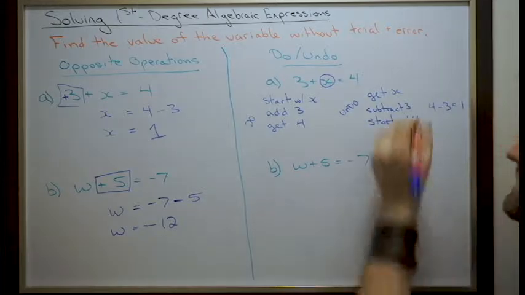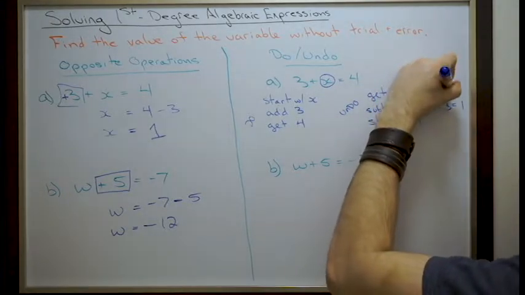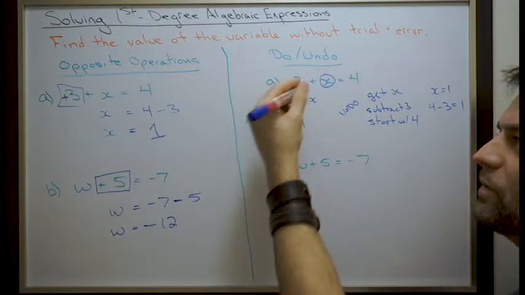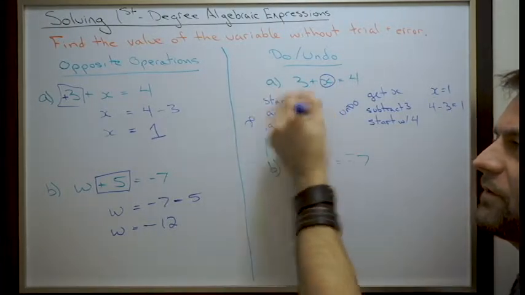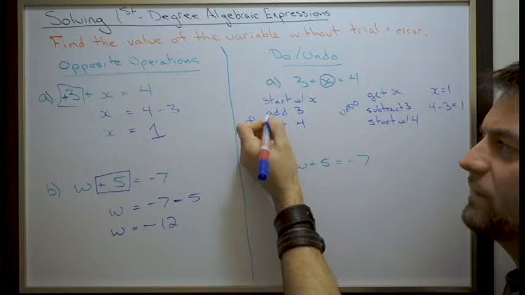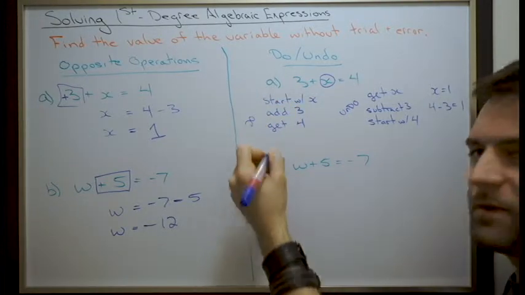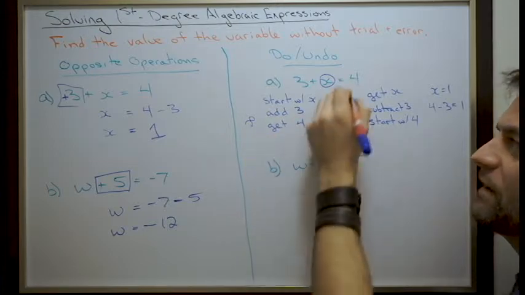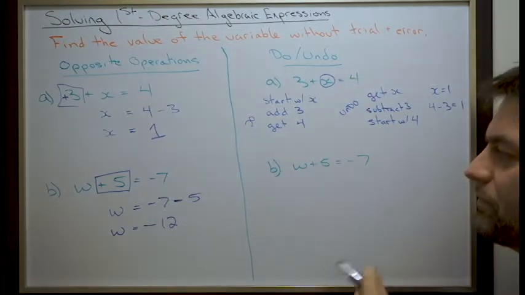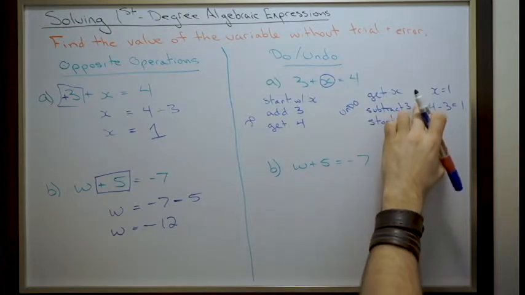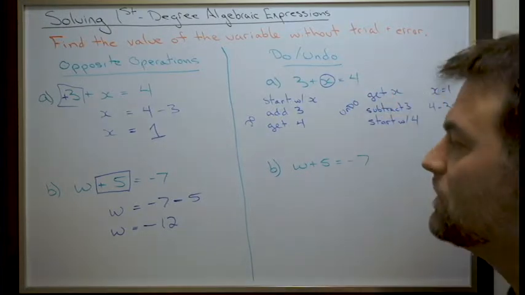And we get x, so x equals 1. So when we're doing the do-undo, we start with the variable, in this case the x, and then we figure out what's the first thing we do to it. And if there are multiple pieces, we go through that until we get to the equal sign. And then we reverse everything. Start with 4, subtract 3, get x.